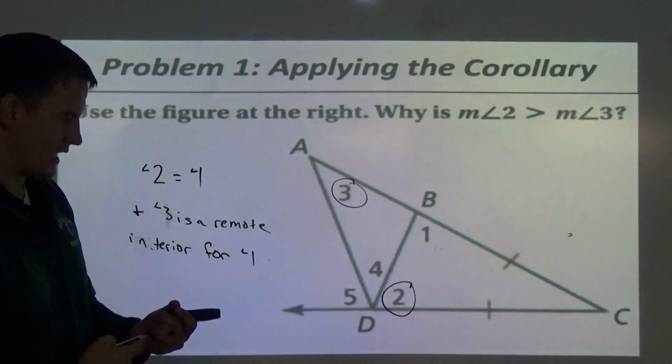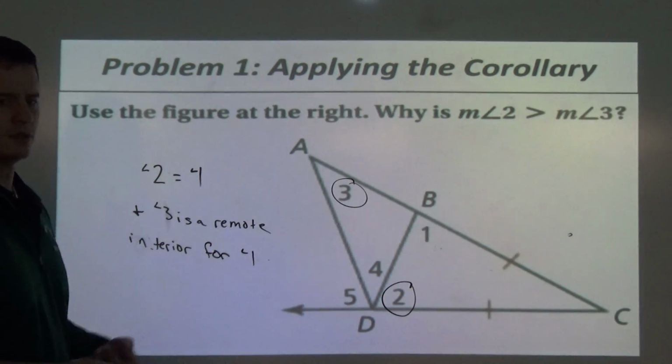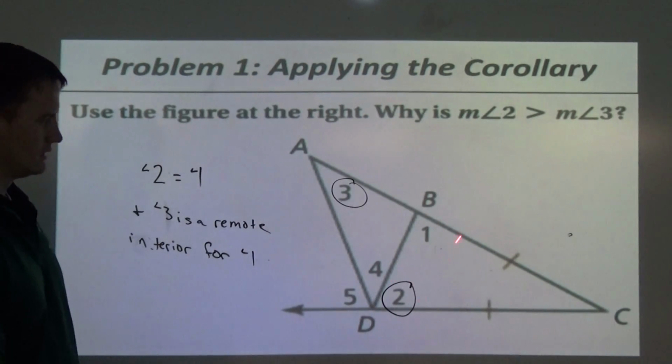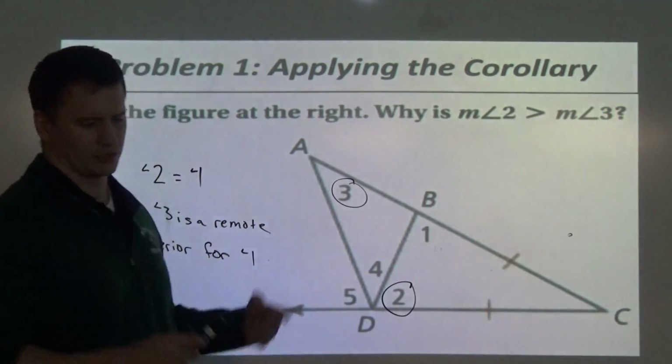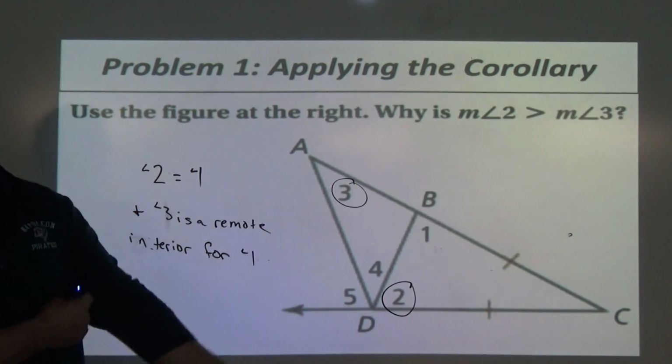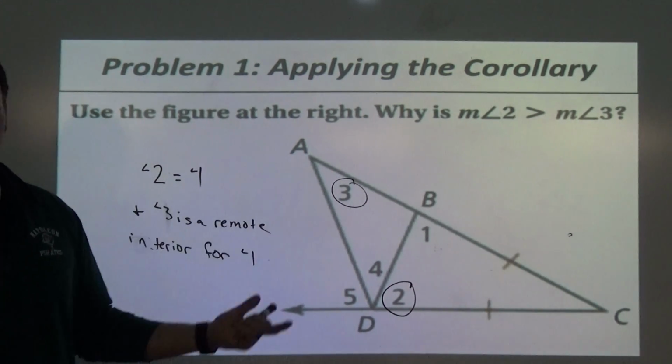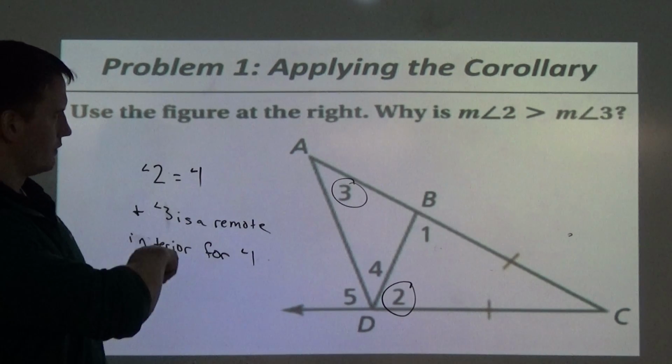That's our explanation. Angle 2 is equal to angle 1, which is larger than angle 3, based on the corollary of the exterior angle theorem we had on the other slide.